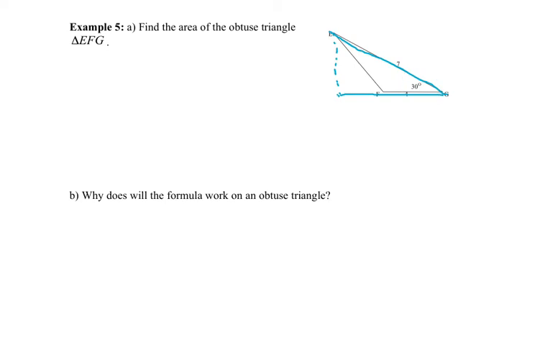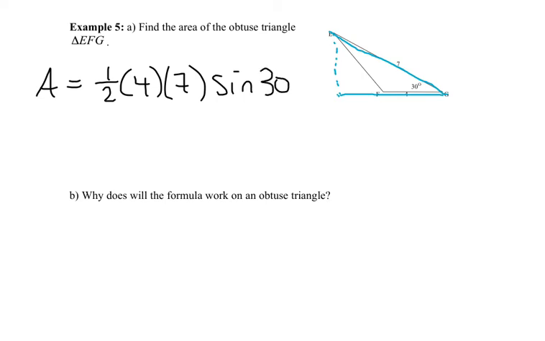So it still works that even for an obtuse triangle, I can use half the base, the side, and sine of the angle between. And in this case, the answer is 7. And that's because sine 30 is a half. So we get an exact value this time.